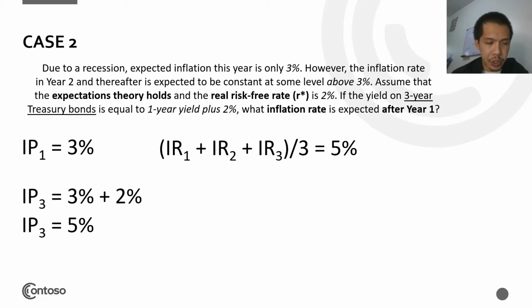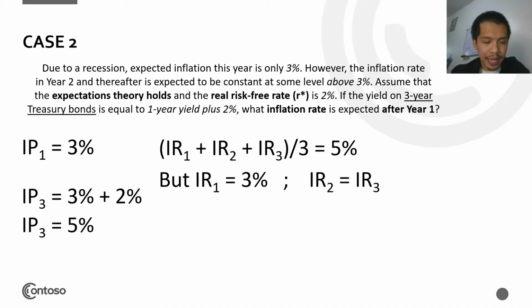A 3-year security again has an inflation premium of 5%. To arrive at the inflation rate after year 1, you have IR sub 1 plus IR sub 2 plus IR sub 3, divided by 3. This is equal to 5%. Again, the inflation premium for a 3-year security is only the average of the next 3 years' inflation.